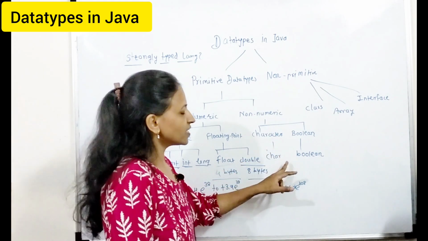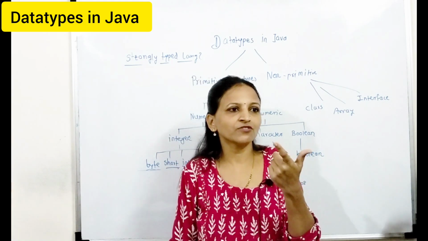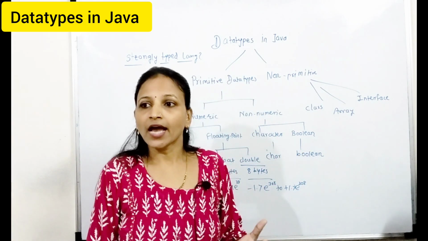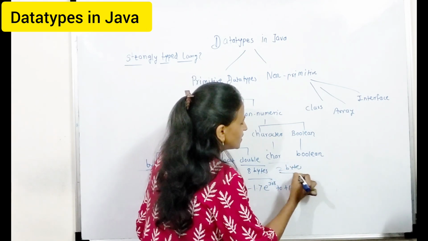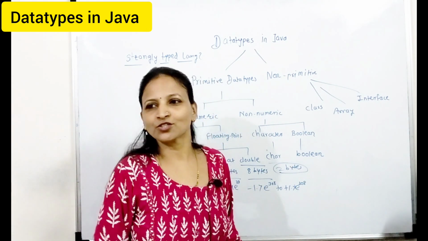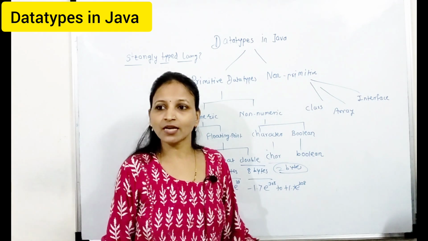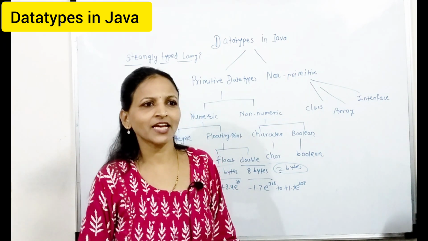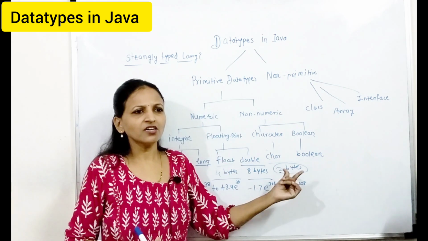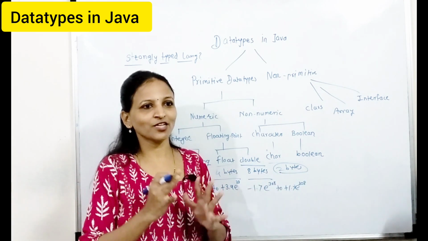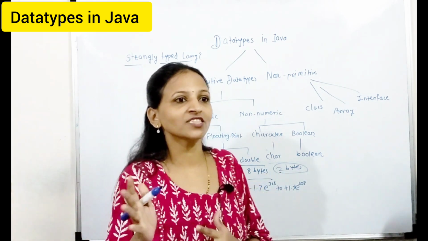Now next, character data type. Here a single individual character you can store, and the size is 2 bytes. It means a wide range of characters you can store. Wide range means it is applicable for all types of languages. Any language character, this character variable is capable of holding. Actually there is a Unicode system.